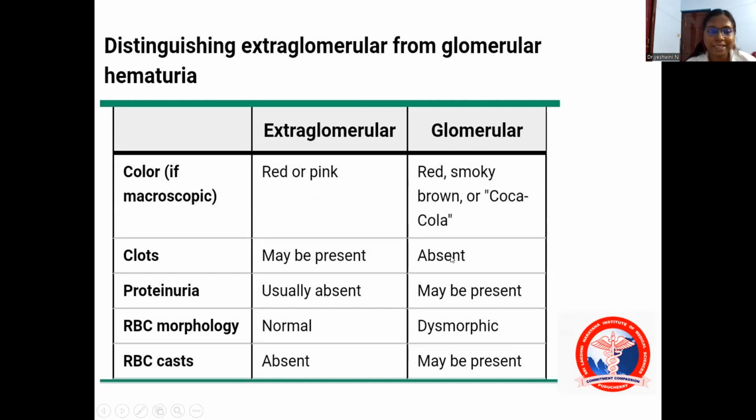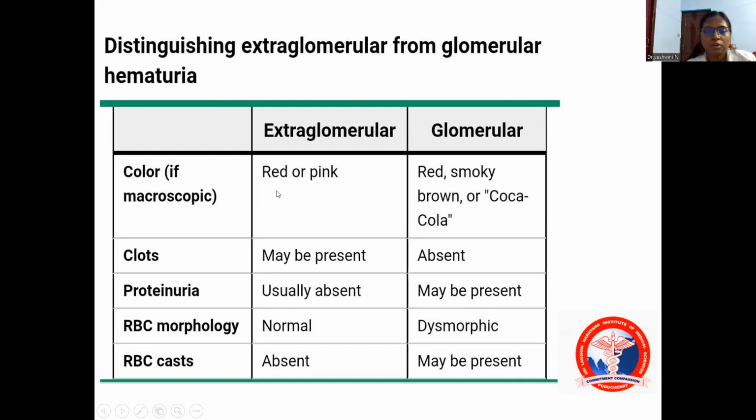It will be a painless hematuria. Usually, when the glomerulus is injured, there is also leakage of proteins in the urine causing proteinuria, and the RBCs will be dysmorphic because they pass through the microcapillaries, that is your glomerulus. So dysmorphic RBCs and RBC casts will be present.